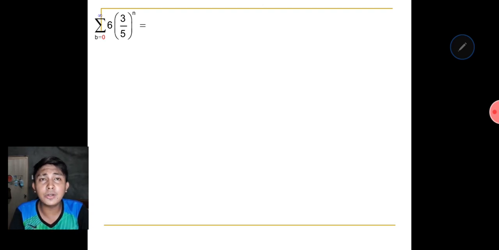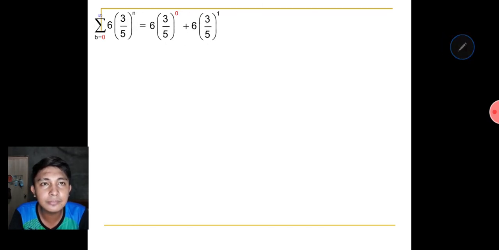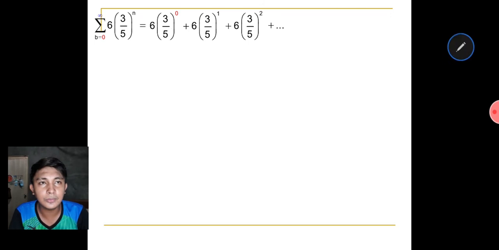Okay. So, the sum of 6 times 3/5 raised to n, where n is equal to 0 up to infinite. So, walang katapusan. Okay. Raised to 1, raised to 2, and so on up to n.